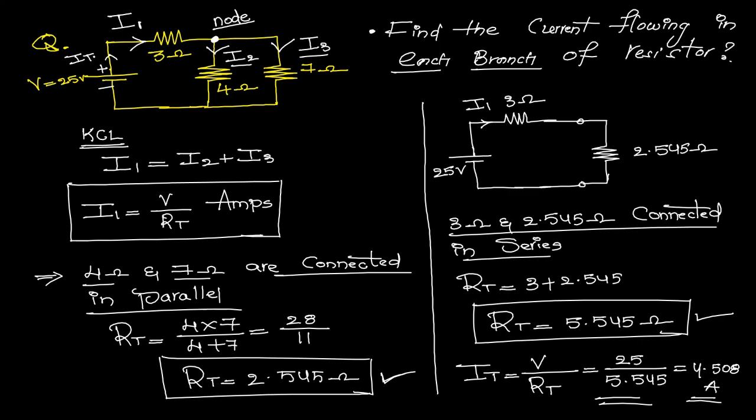So here we can say that IT is equal to I1 because both these currents are the same. The value of total current supplied by the voltage source is equal to the current flowing in the 3 ohms, and that value is 4.508 amperes.